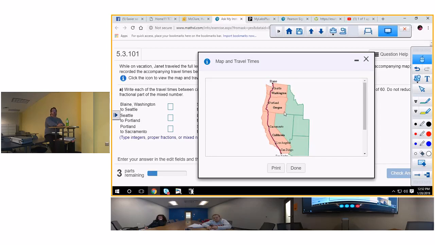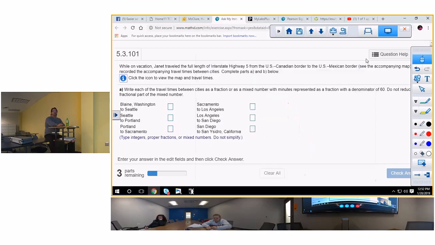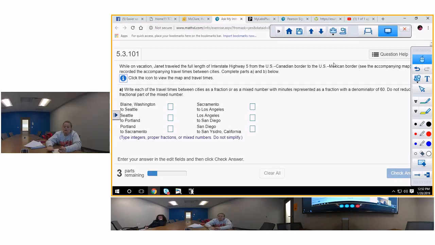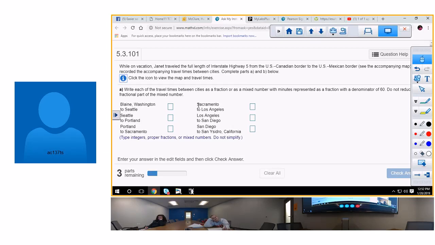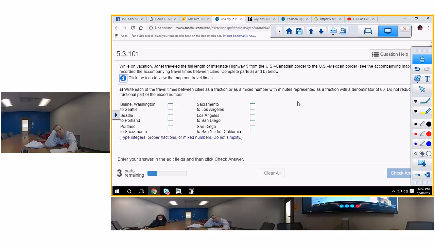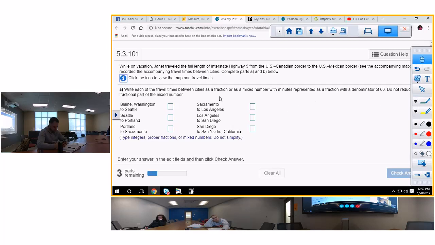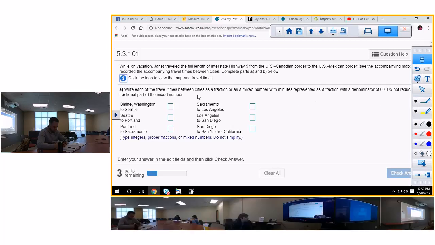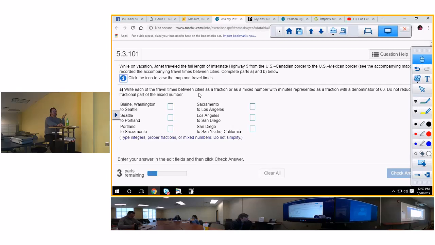I don't think we need the map. No, it's just for looks. Okay, so, oh well, I can't bring it in as a picture because I'm on the transparency. It sounds like to me they just want us to write a mixed number.